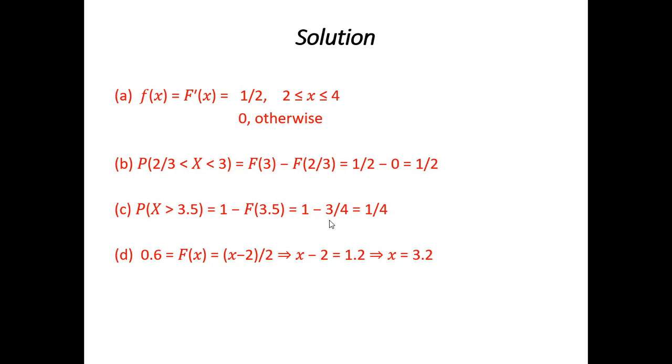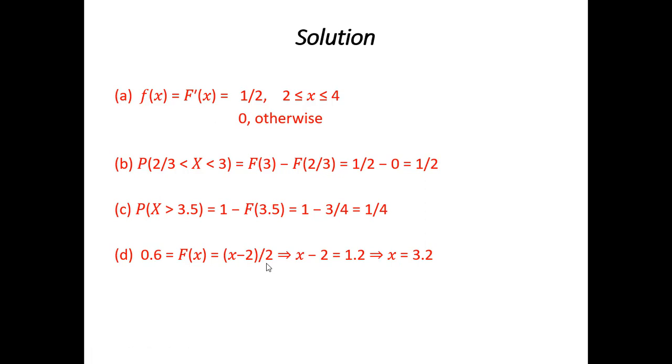Now to find the 60th percentile, the general rule is if we want a certain percentile, such as the 60th, we express that as a decimal and set it equal to the CDF and then solve for x. So here we get 0.6 is equal to (x minus 2) over 2.